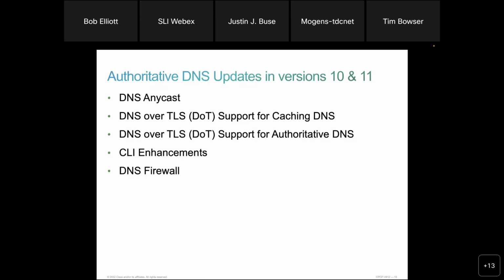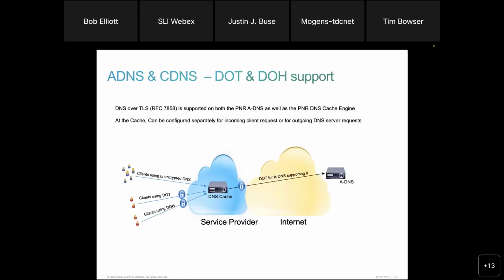See if you may have some enhancements that may help you automate some of the tasks that you do all the time. There is a DNS firewall. I'm not 100% sure which version this was introduced into the PNR product, but there is a DNS firewall which can be helpful for both authoritative DNS and caching DNS servers.